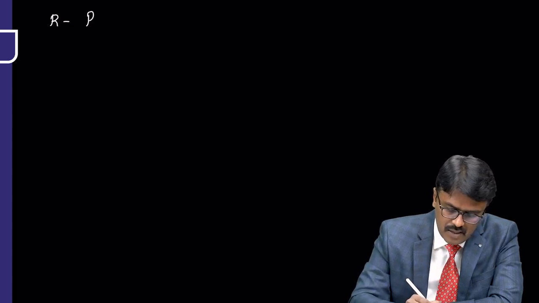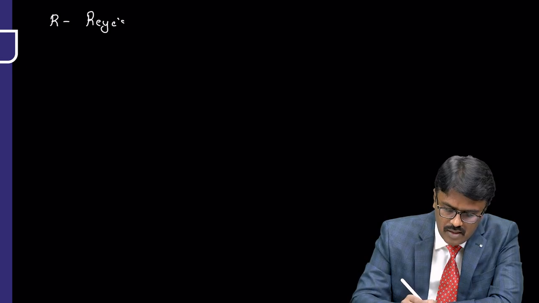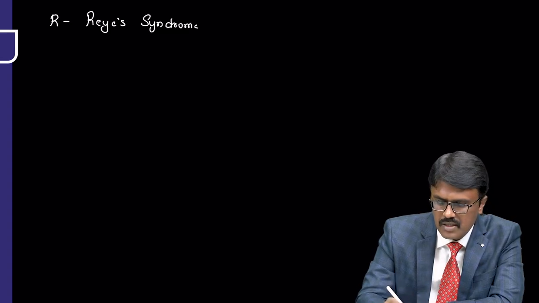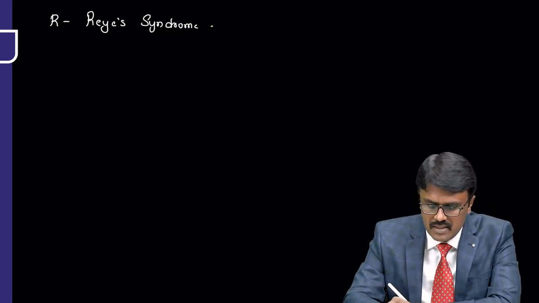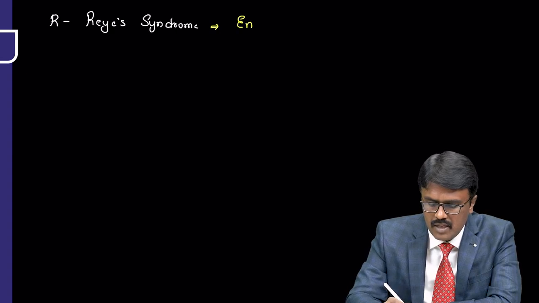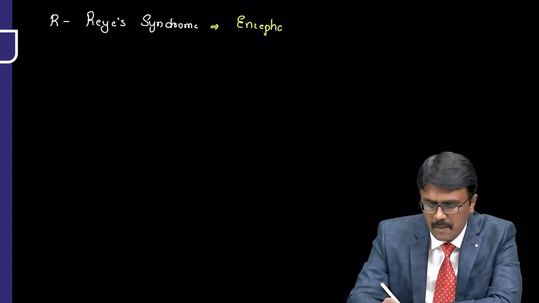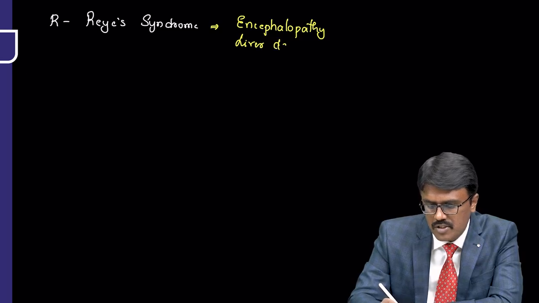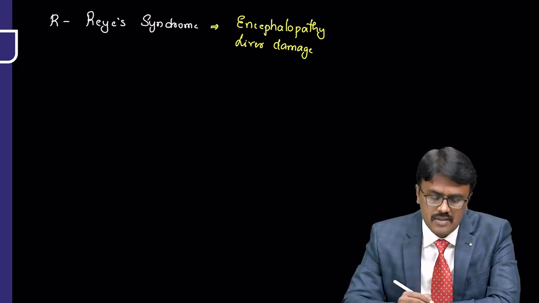The next letter is R. The drug can produce a syndrome called Reye's syndrome. Now which patients are prone to the syndrome and what do we see in the syndrome? We see damage to the brain, that is encephalopathy, and damage to the liver. Which patient do we see this in?